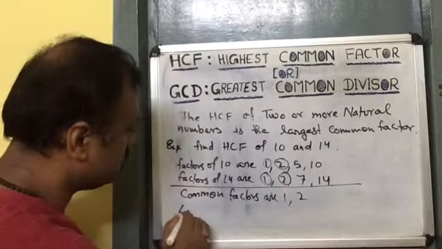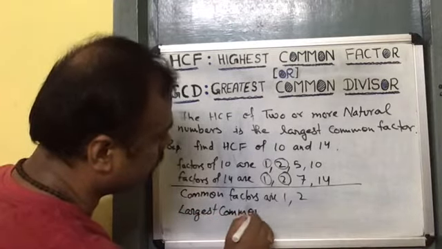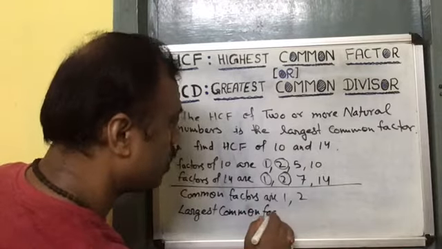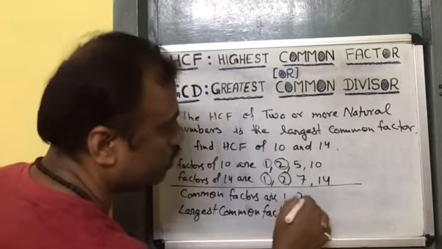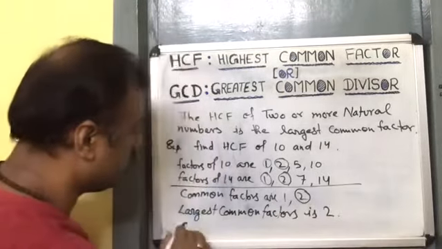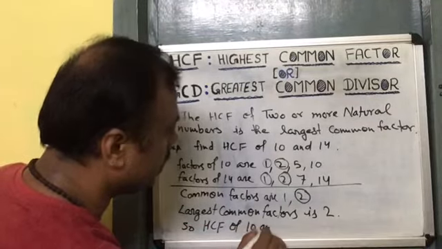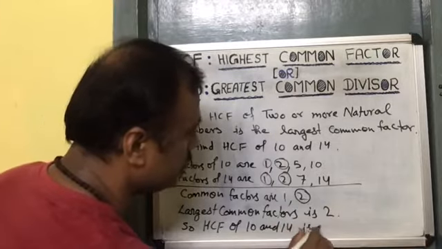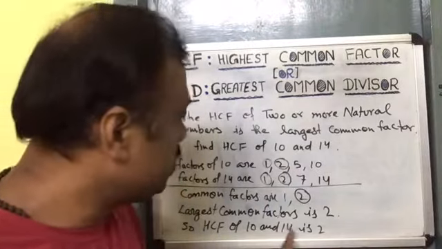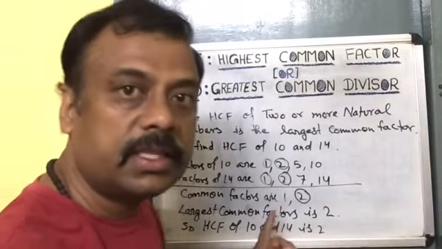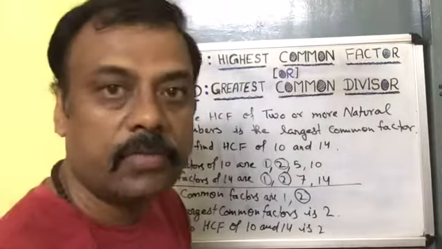So the largest common factor, among 1 and 2, the largest one is 2. So the HCF of 10 and 14 is 2. This is the number which can divide both 10 and 14, and this number is the largest factor of both 10 and 14.